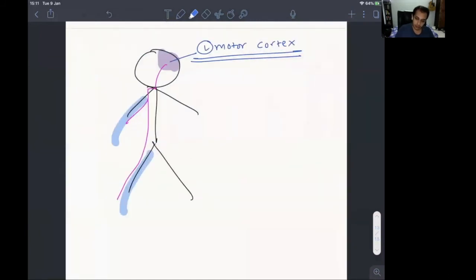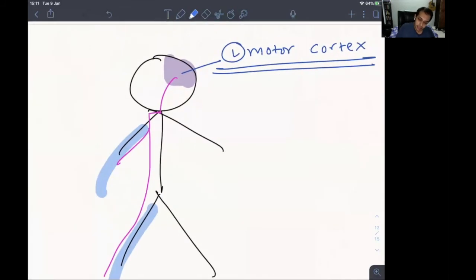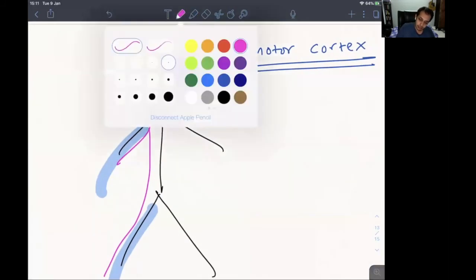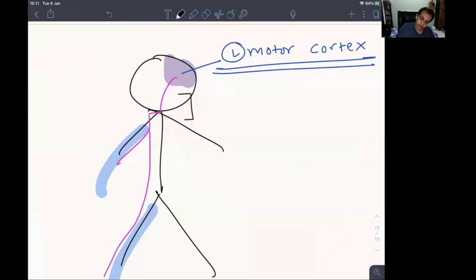But in the brainstem, so this is the brainstem area. So in the brainstem, the nerve fiber to the facial nerve will come from the brainstem at the pons level. Correct?